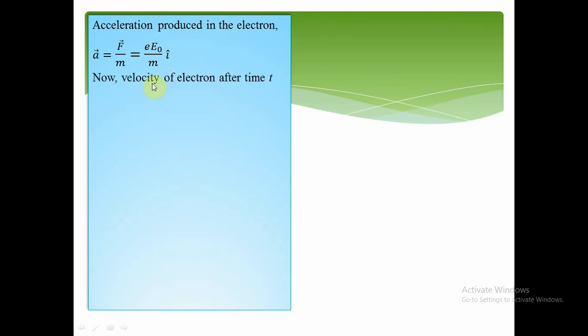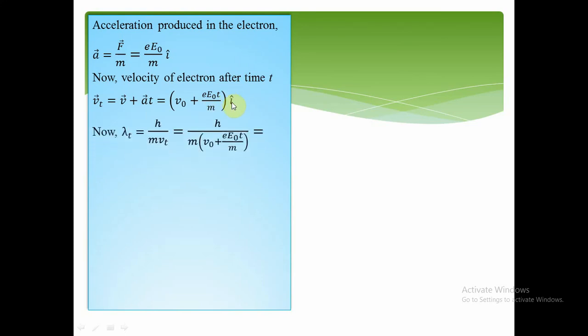And we know that the velocity of an electron after the time t can be calculated by using this formula, v is equal to u plus at, where the initial velocity is v naught, and substitute the value of a from this equation into here. After the substitution we will get v is equal to v naught plus e E naught into t divided by m i cap.